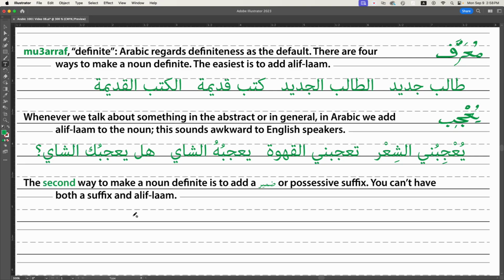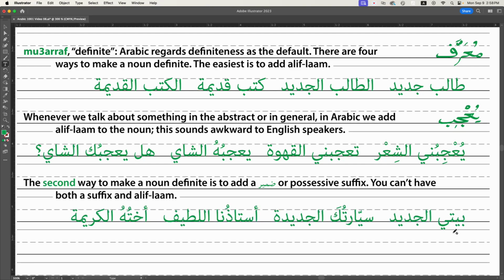The second way to make a noun definite is to add what we call a domir, or possessive suffix. And you cannot have both suffix and alif lam. So if we look at these examples here, we have Beiti al-Jadid. So Beit is house, Beiti is my house.